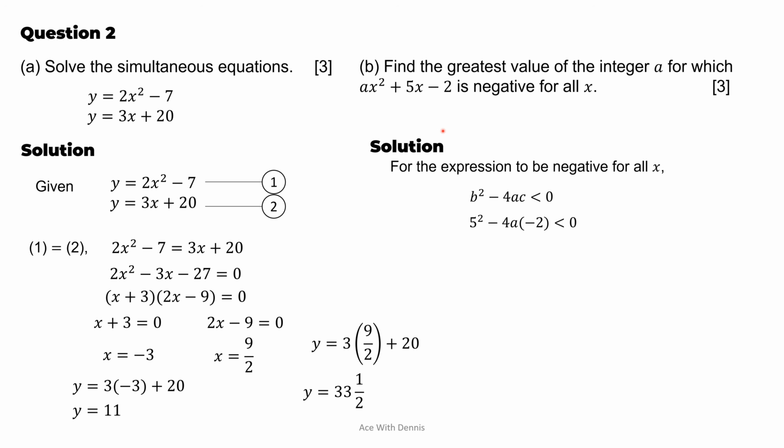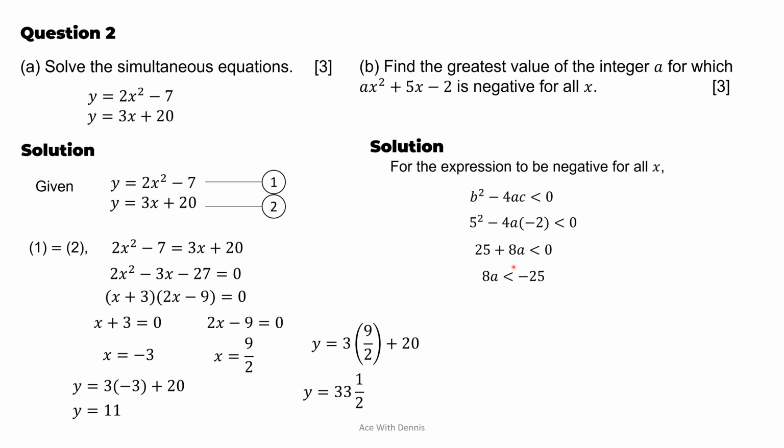So now from here, our b is 5, a is a, and c is -2. So just substitute here: 5 squared minus 4a times -2 is less than 0. Then we just solve this. 5 squared is 25, then minus 4 times -2 we get plus 8a, less than 0.